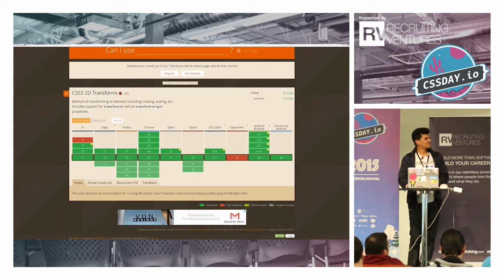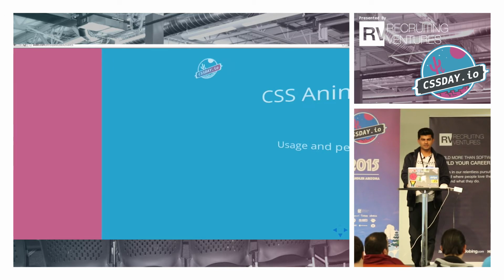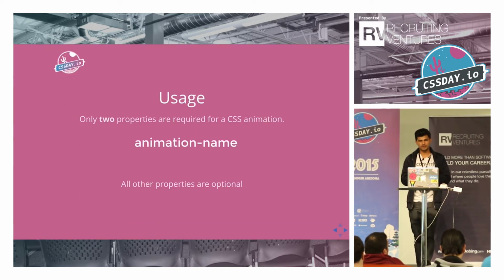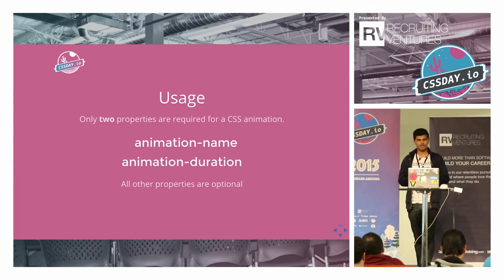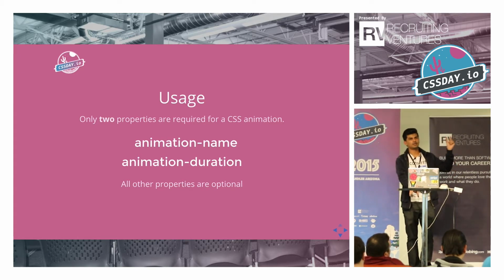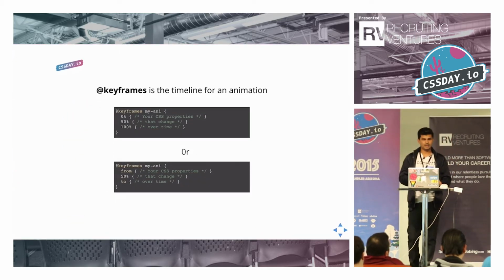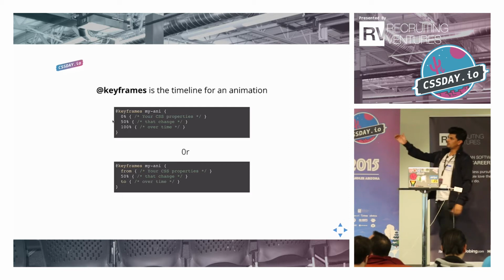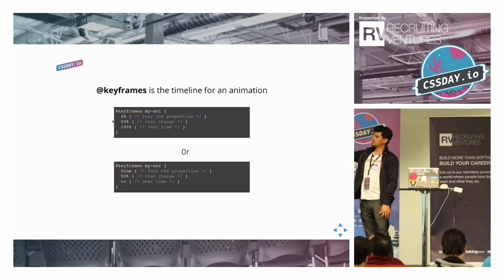So, CSS animation. Animation is the coolest part of CSS. You can animate with two properties mainly, the animation name and then the duration. The way you do this is you give it a name, a keyframe, and then you create an animation. You can use something that starts at 0%, 50%, and 100%.